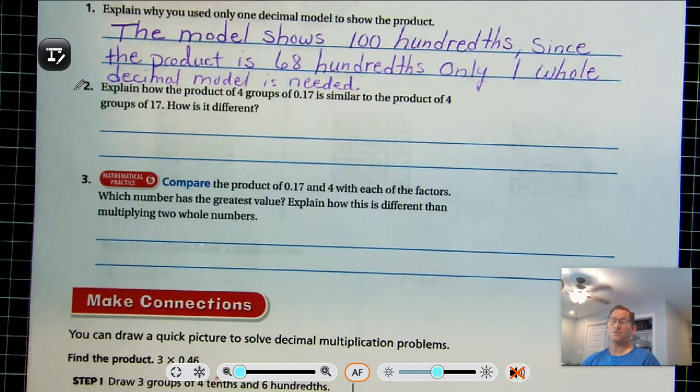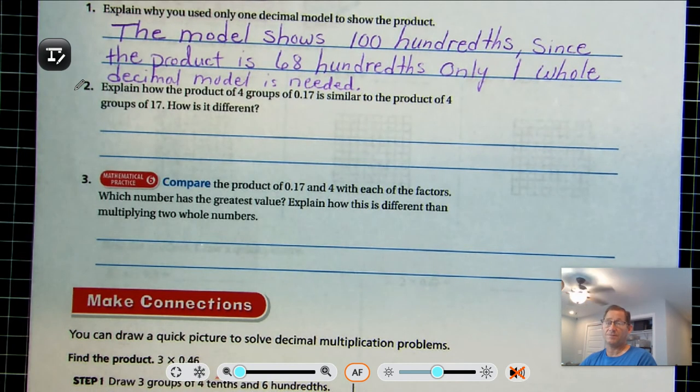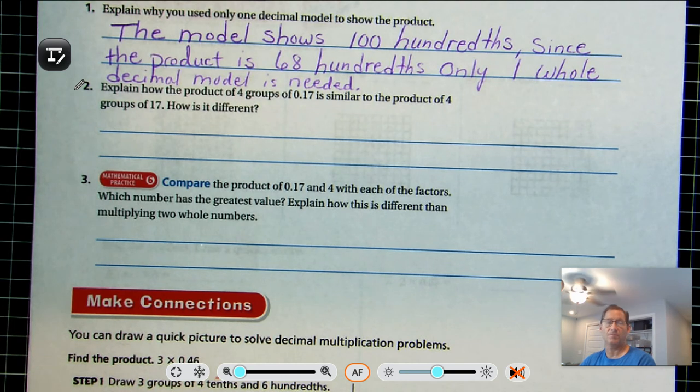So since the model shows 100 hundredths, the product being only 68 hundredths means we only need one whole model. If we had over 100 hundredths, then we would need a second decimal model.